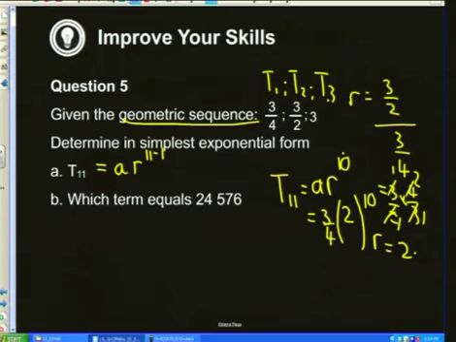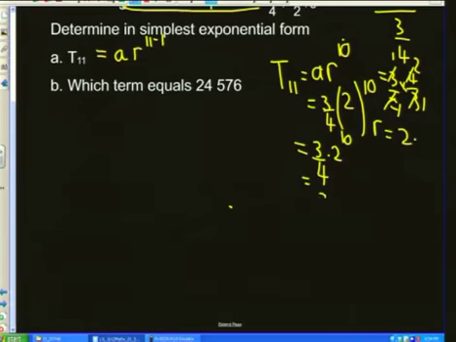Now they said you leave it in exponential form. So it's 3/4 times 2 to the 10. And what do we know about 4? Well, 4 is 2 squared. So it's 3 times 2 to the 10 over 2 squared, which is going to be 3 times 2 to the 8.